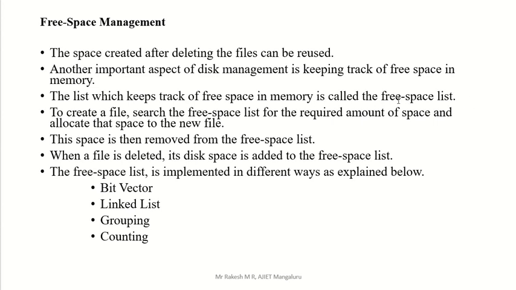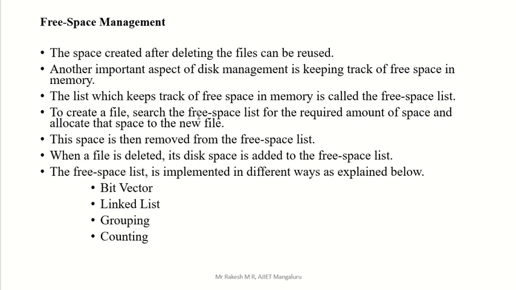The free space list is a list which contains all the free space block information. To create a file, search the free space list for the required amount of space and allocate the space to the new file. I think you can understand these lines, no need to explain in detail.